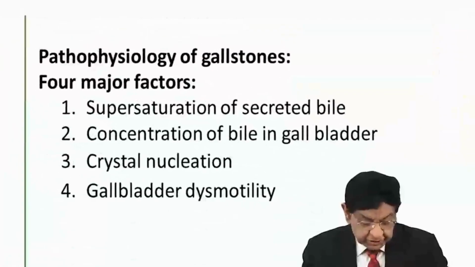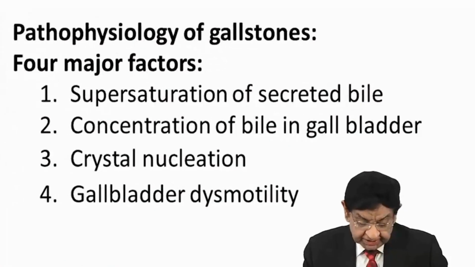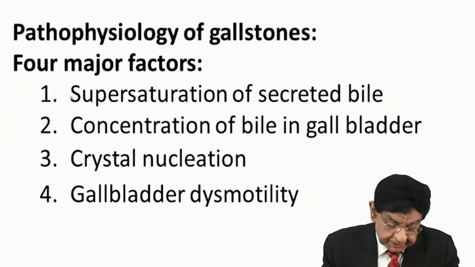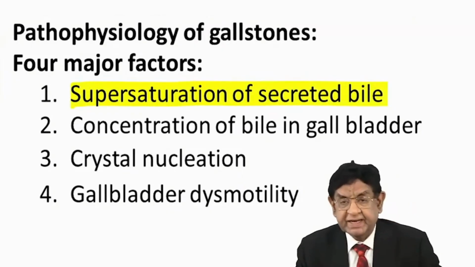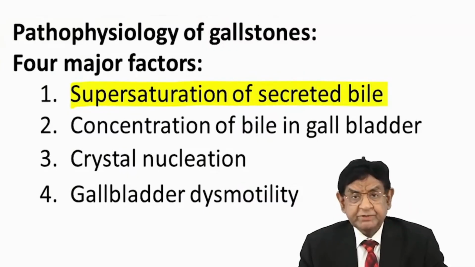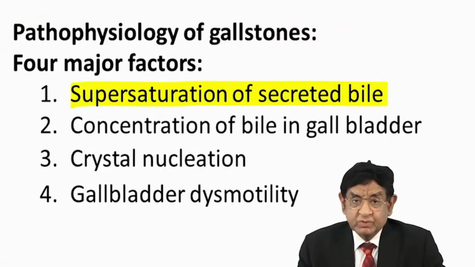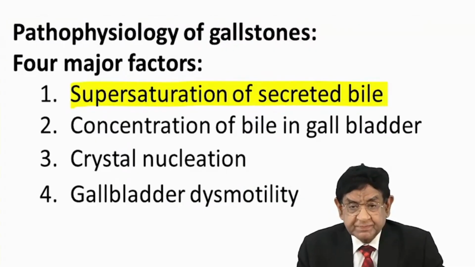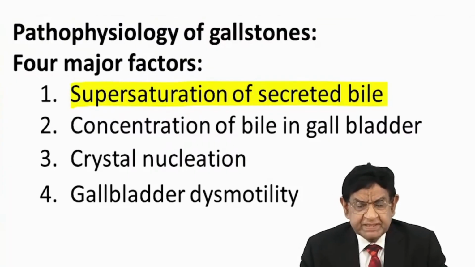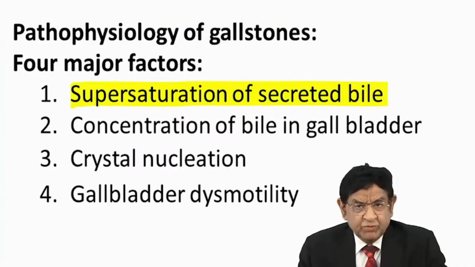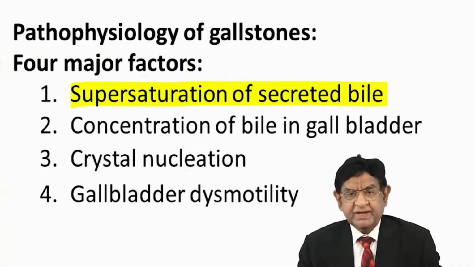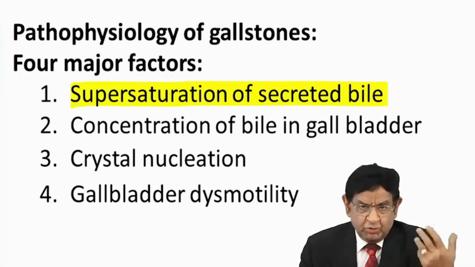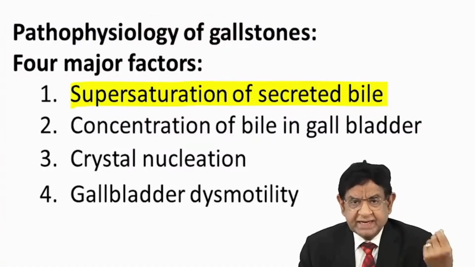Now, why do stones form, or the pathophysiology? One is the supersaturation of secreted bile. Can you think of any condition? Well, if the cystic duct is blocked, or the patient remains fasting for many days, there is no food coming into the GIT. We know the basic physiology: with no food in the GIT, the gallbladder gets distended.